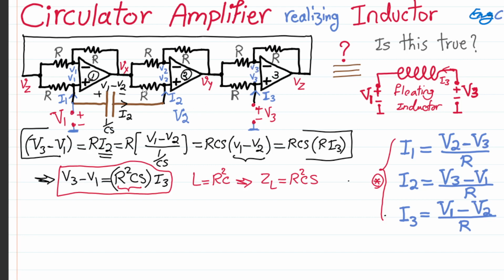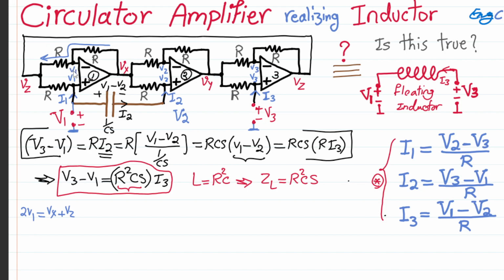Now, for each of these op-amps, I can simply say 2V1 equals Vx plus Vz. So V1 is the average of Vx and Vz just because there is resistor R that has the same current that flows through it and then flows through this one. So the voltage drop across the two resistors R should be the same.